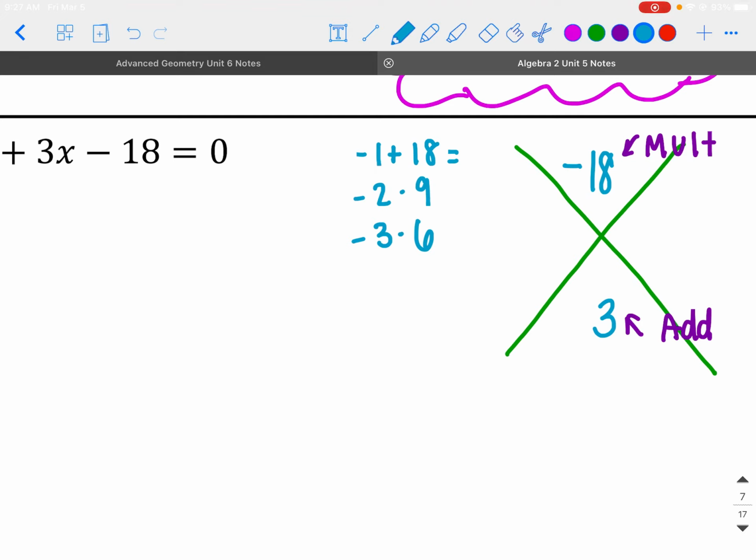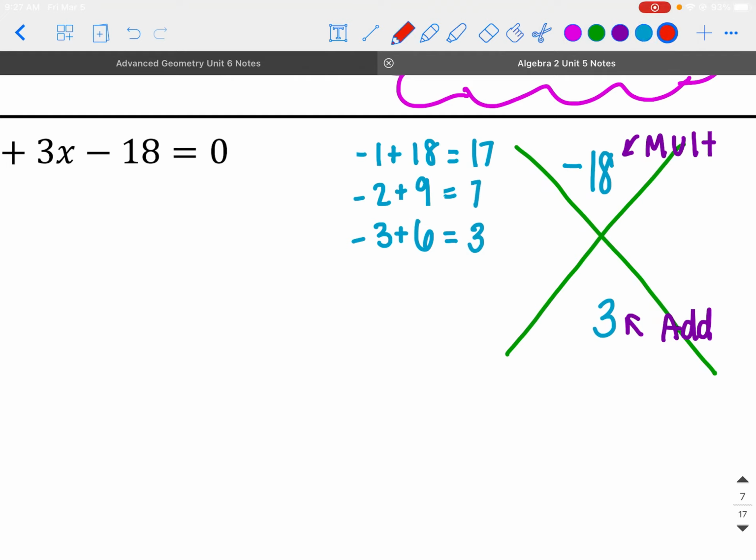Type it in your calculator. Negative 1 plus 18. That's 17, not 3. Negative 2 plus 9. Type that in. Negative 2 plus 9 is 7, not 3. Next one. Negative 3 plus 6.